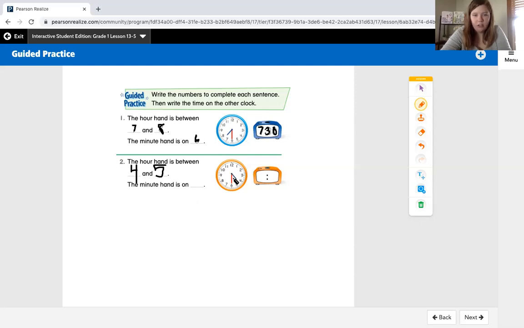Our long minute hand is pointing at the 6. So to tell what time it is, it's not to the 5 yet, so I'm going to go back to the 4 and say it is 4:30 or half past 4.